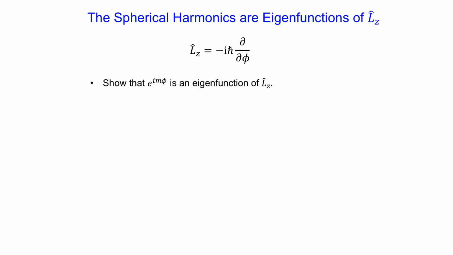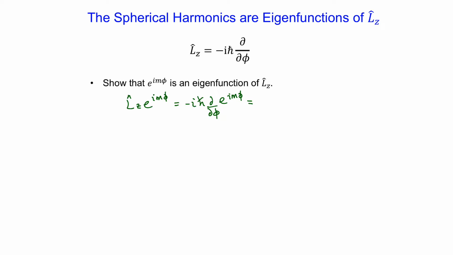Okay, so hopefully you have taken the time to work through that exercise. So let's see how you did. So we're going to evaluate this eigenvalue problem. Okay, so let's plug in our quantum mechanical operator corresponding to LZ, and it's going to act on our function.